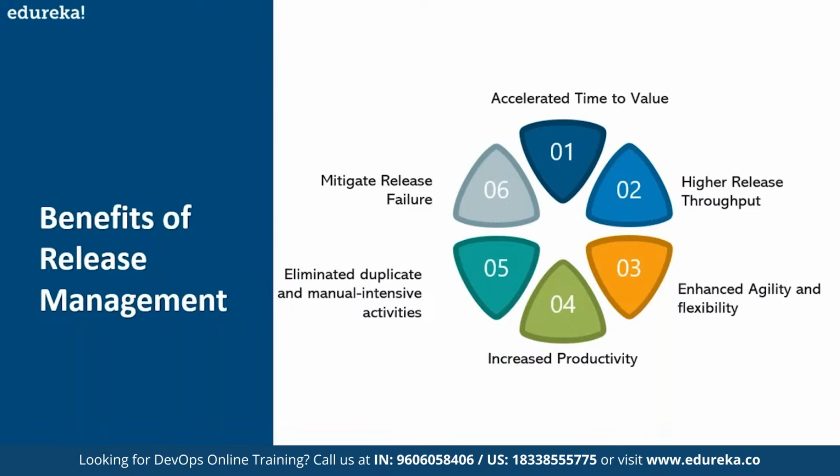It eliminates duplicate and manual intensive activities. All the duplication of work is stopped, and if we make it fully automated, manual interventions are stopped. And at the end it mitigates release failure. Once you have a well-made DevOps system, release failures are also reduced. So these are the six major advantages of why release management systems are employed in industry.